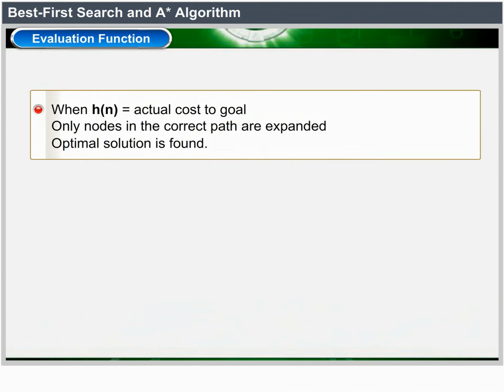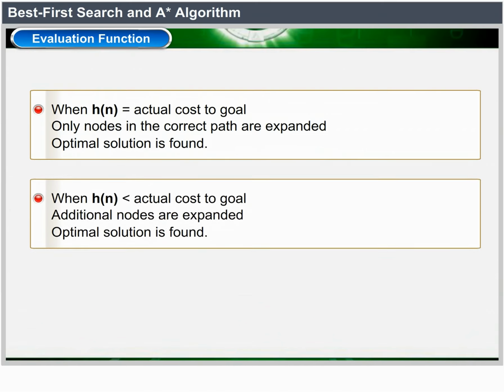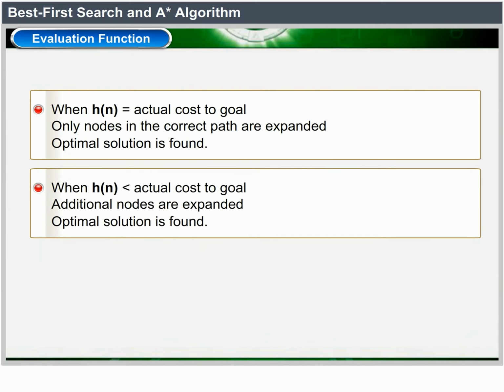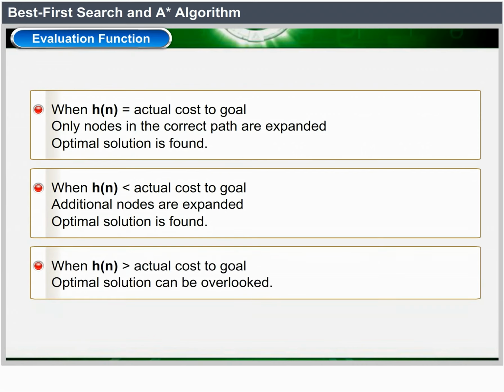When h(n) is equal to the actual cost to goal, only nodes in the correct path are expanded and the optimal solution is found. When h(n) is lesser than the actual cost to goal, additional nodes are expanded, but the optimal solution is still found. When h(n) is greater than the actual cost to goal, the optimal solution can be overlooked.